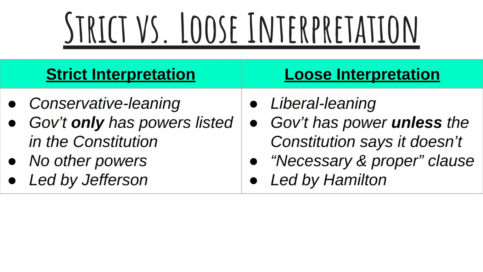The government can do what's "necessary and proper" to get things done. So there's more gray area, there's more power for government. Meanwhile, strict interpretation is a much more narrow, defined approach and a much more limited approach towards government. And loose interpretation was led by Jefferson's rival, Alexander Hamilton.